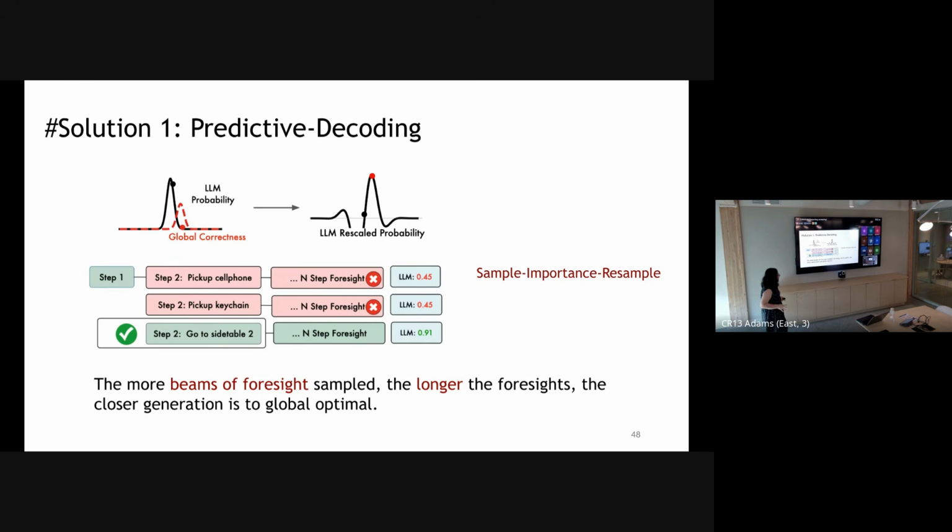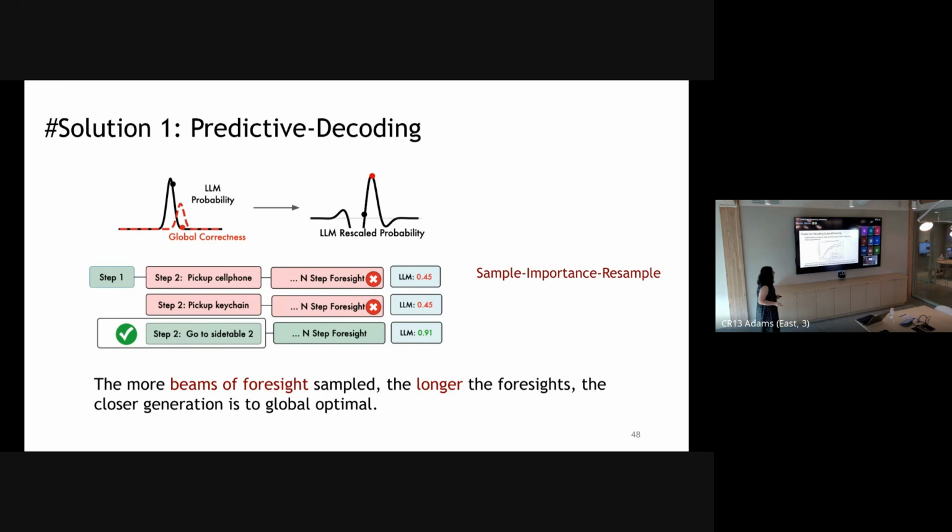So this is a test time scaling method because we can see there are two parameters involved. The first parameter is the size of the beam. The more beams of future rollout sampled, the closer you are to estimating the large language model probability distribution. Also, we have a parameter which is the number of steps into the future.